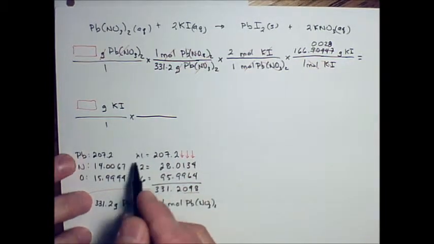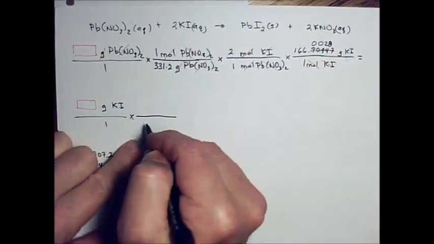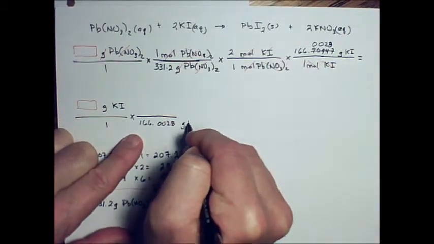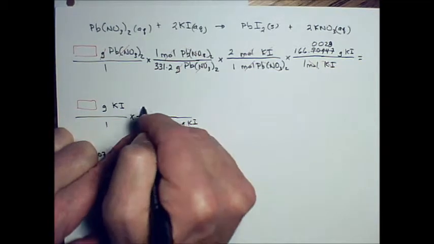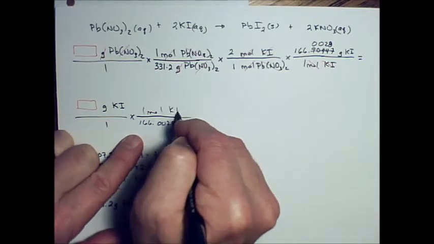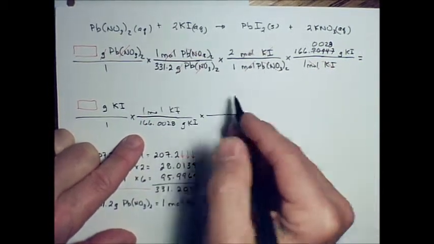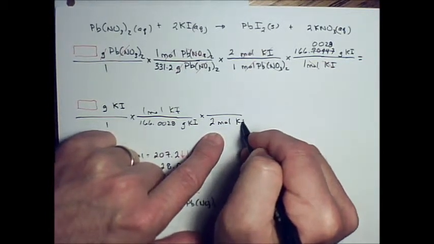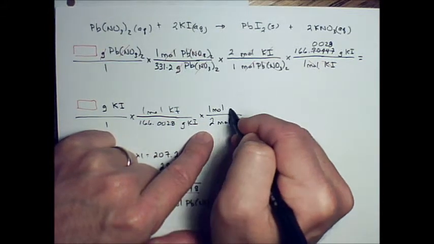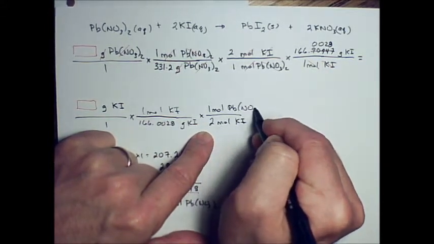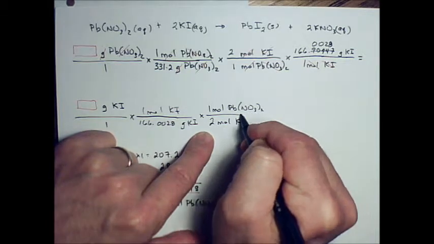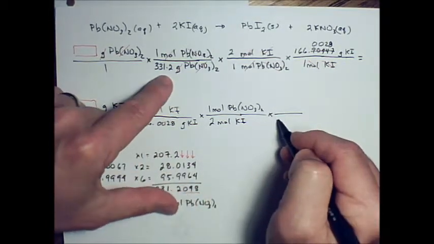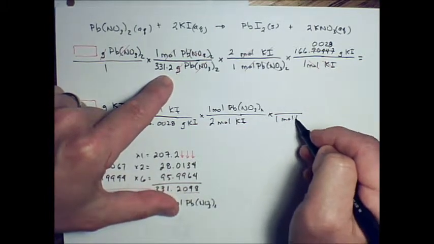All right. So all we have to do is invert all this stuff. We put 166.0028 grams of potassium iodide here. 1 mole of potassium iodide here. The molar ratio gets inverted so you can cancel out KI. And then this 1 mole of lead nitrate, Pb(NO3)2, goes on the bottom here.